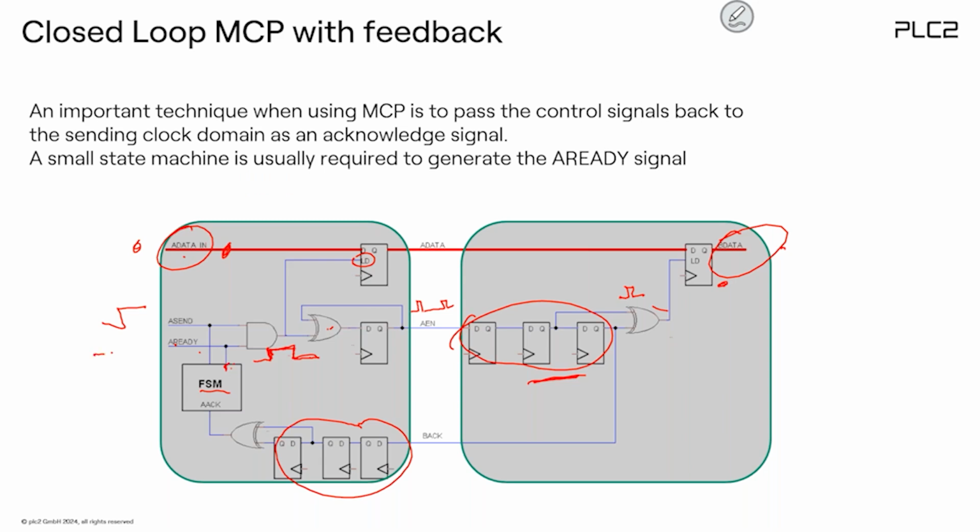And because I'm ready again, you can use the next pulse. Very safe, very good, but you have to have a very small state machine, and you have to have some register here. But again, it's the best way for you to do it.